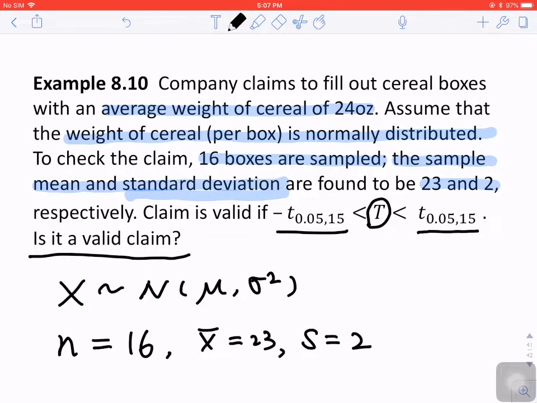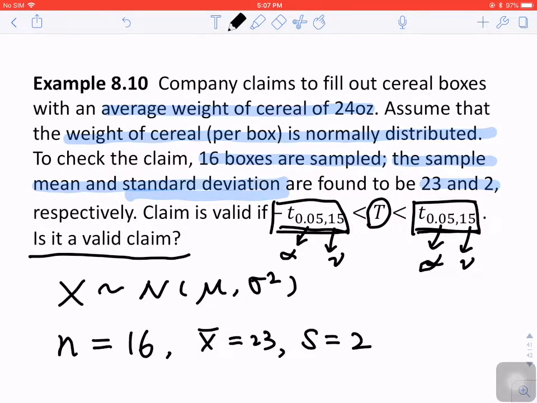Our claim is to check whether this t is within this interval. This is the alpha in the table, and this is the v in the table. You can see that these two values are symmetric.